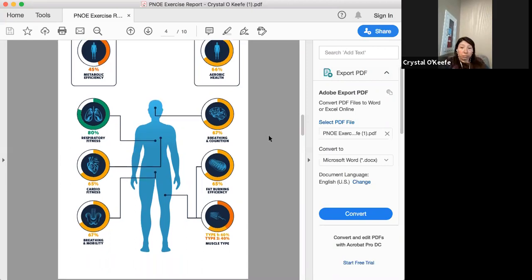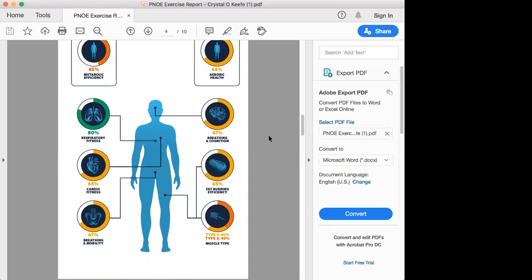And then lastly, the type 1 and type 2 muscle fiber composition. This is something that we are able to estimate based on your mechanical efficiency. Because if you think about it, what we did when we tested you on the Peloton is that we were measuring the watts on the Peloton bicycle, and then we also had the PNOE system on.